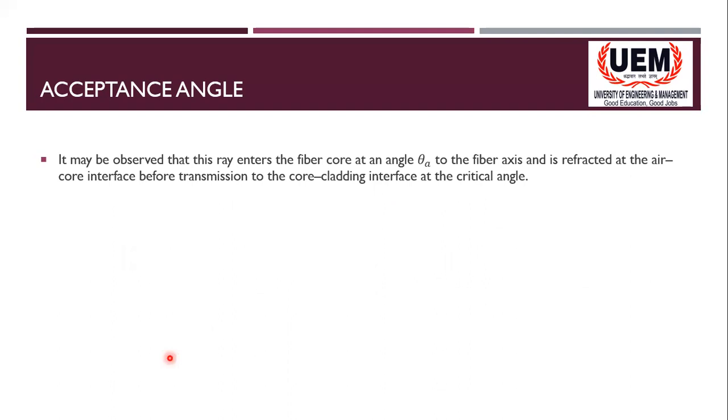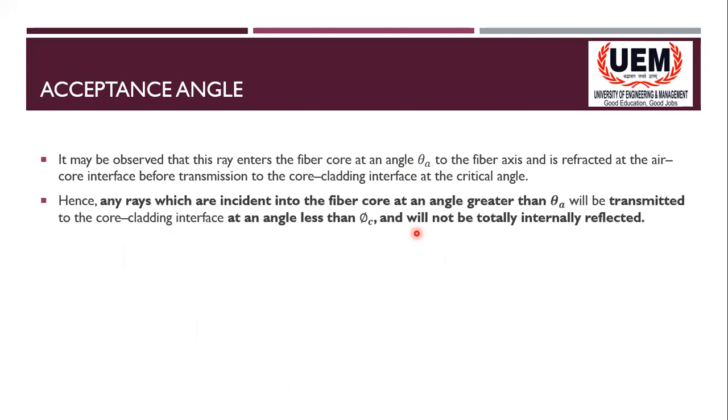Now, as we have observed, any light ray which enters the fiber optic core at an angle of theta A or less than theta A will be transmitted. And if it enters the fiber core at an angle greater than theta A, it will not achieve the critical angle, and it will not be totally internally reflected.